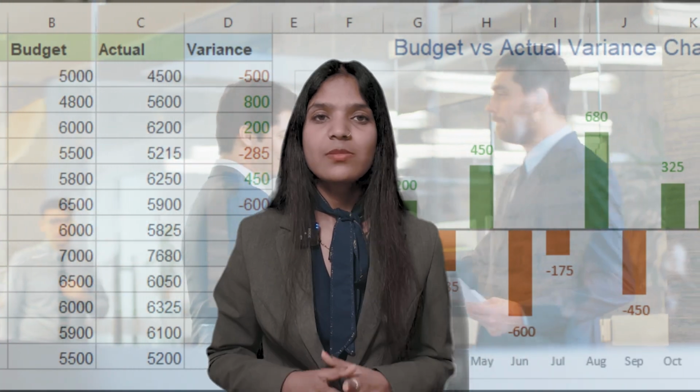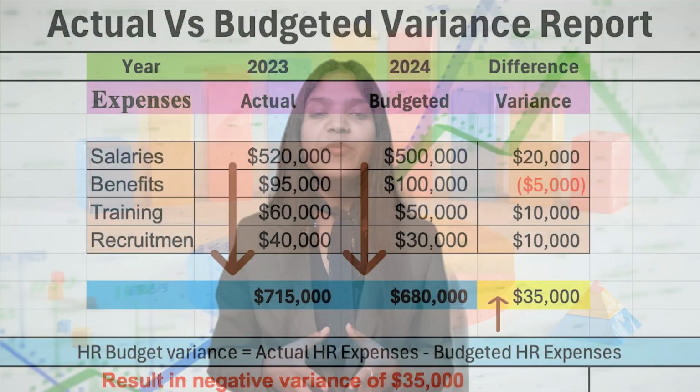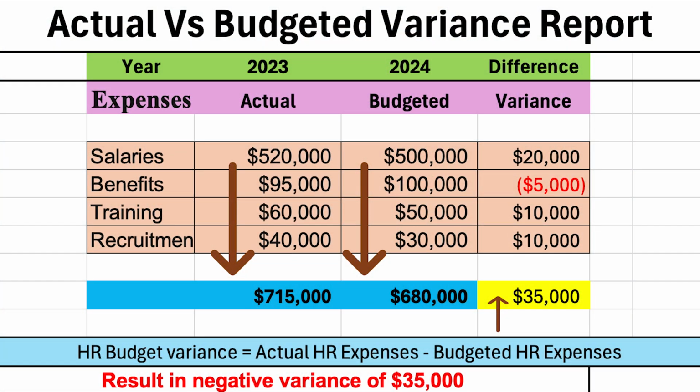We can easily understand this by a simple example. Imagine a company has a following budget for its HR department for this year: salaries, benefits, trainings, recruitment. By adding all these, we get the total budgeted expenses are $680,000 US.